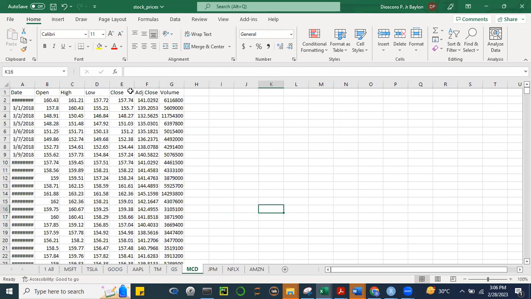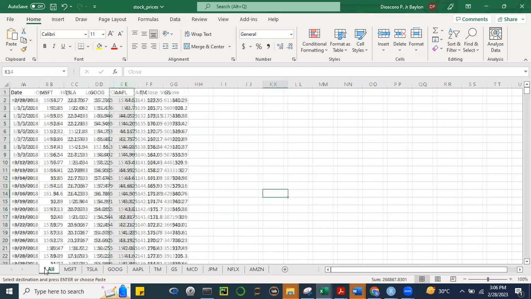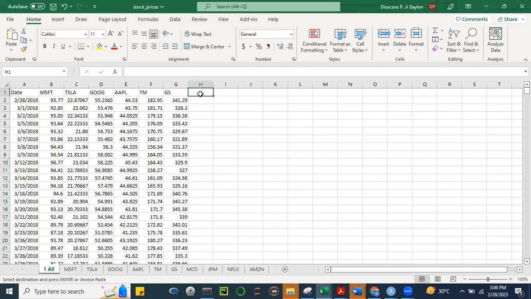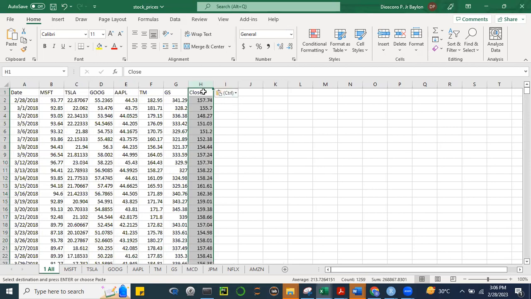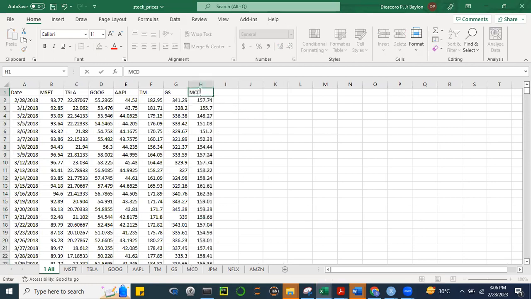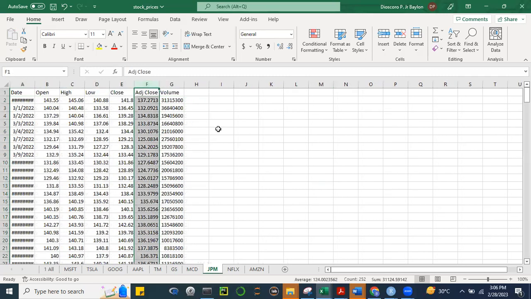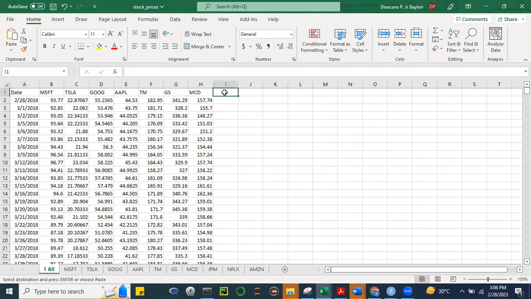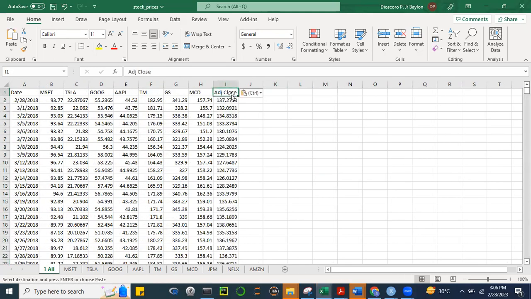And then McDonald's, copy natin si close, Control C, and then Control V. This is MCD, McDonald's. And then last three, JP Morgan. Control C, Control V, JPM.